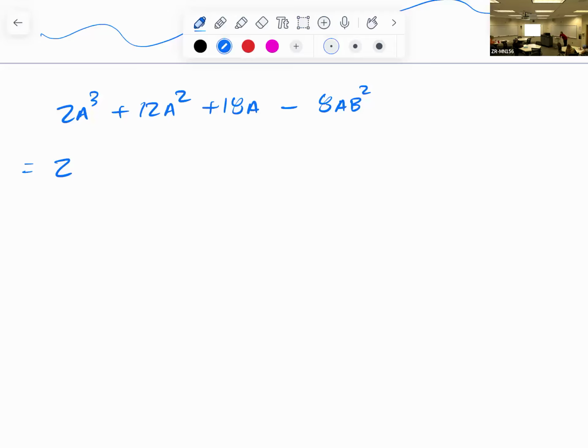I don't think 4, because that first term only has a 2. So 2 sounds right, but I don't think that's everything. Anything else in all of them? What about the letters? A.